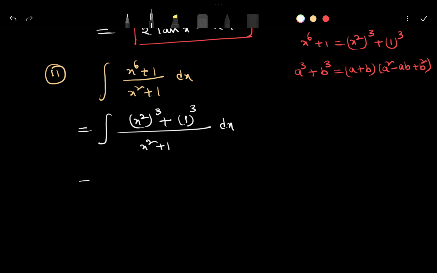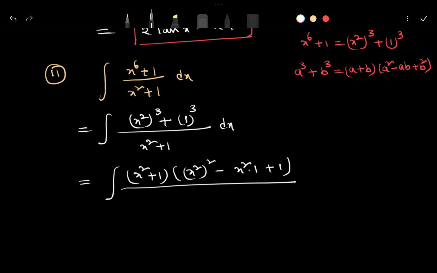Now the numerator a cube plus b cube is a plus b, that is x square plus 1, into a square, that is x square whole square, minus a into b, that is x square into 1, plus b square, that is 1 whole square, divided by x square plus 1 into dx.